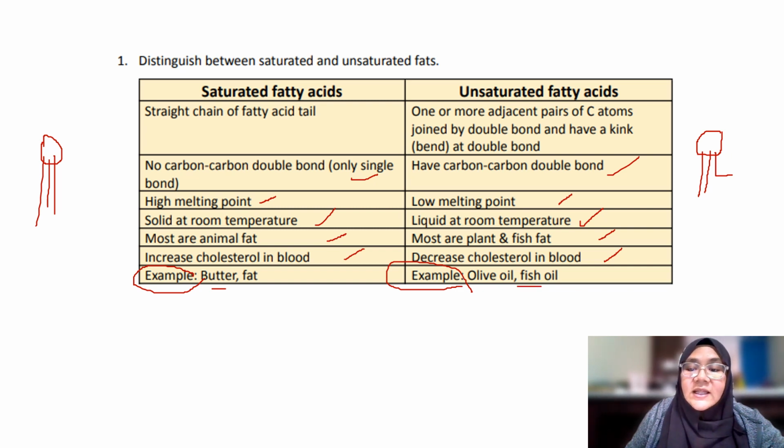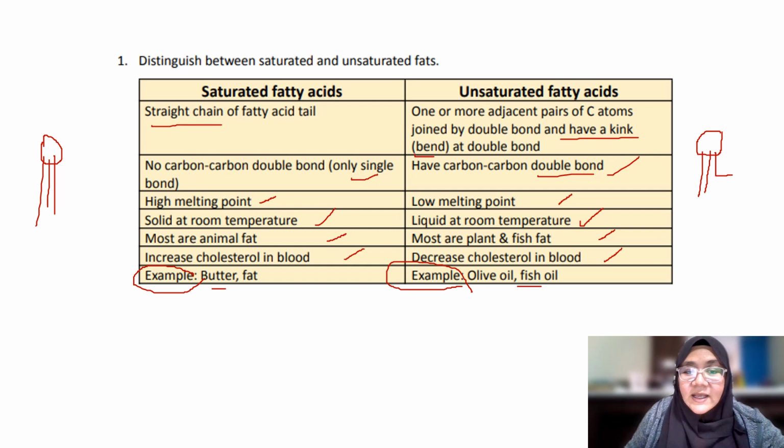Other than that, a characteristic you could use to distinguish between these two is that saturated has a straight chain. Actually it's the same point, just more detailed, as to why it is a straight chain: because it has no double bond. However, the unsaturated has a kink, or bend, because it has a double bond.